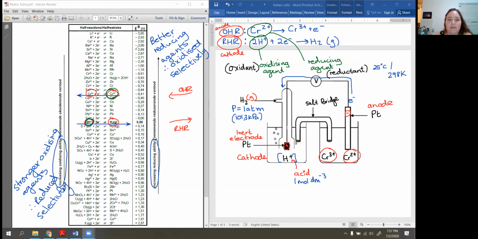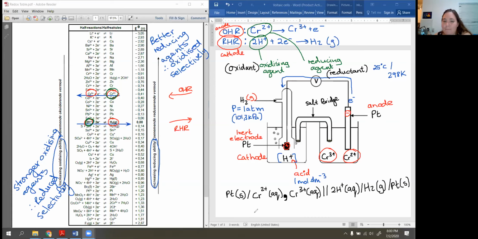Okay, so I'm going to resume sharing. My answer, and please ignore the platinums on either end, goes chromium 2+, chromium 3+, 2H+, and H2. If you left off that 2 there, it's still correct. And if you put a / here instead of a comma, it's still correct.